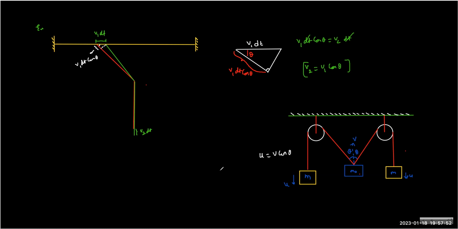Sir, I wrote 2u is equal to 2v cos theta. Okay, or you can also write it for one of the strings, not both. Along the string, it must be the same, right? Along the string, it must be the same. Okay. So let's solve this question.